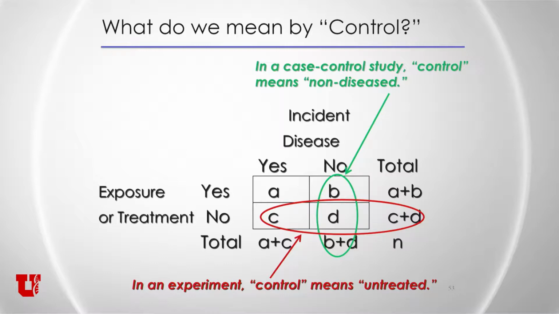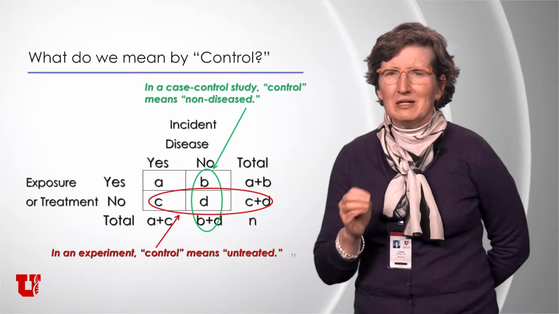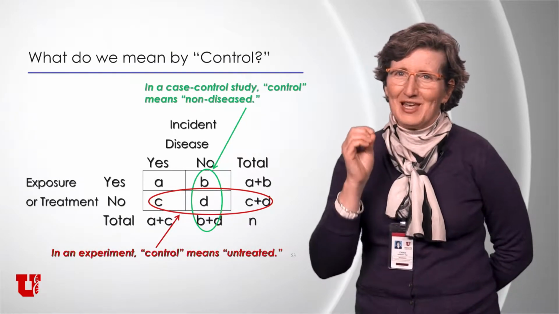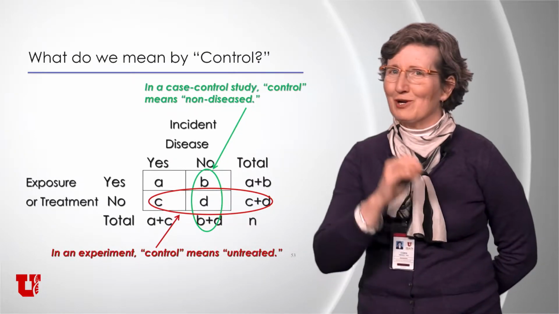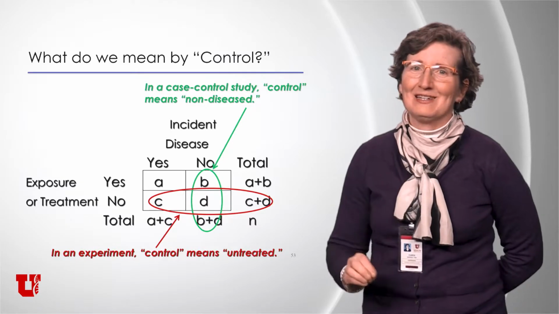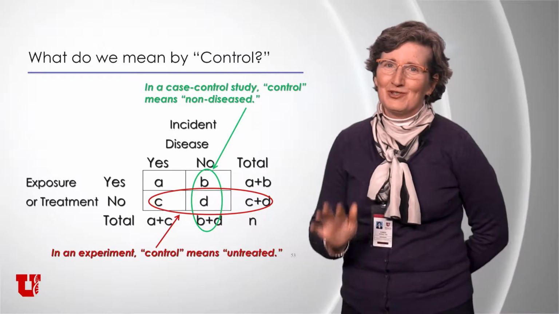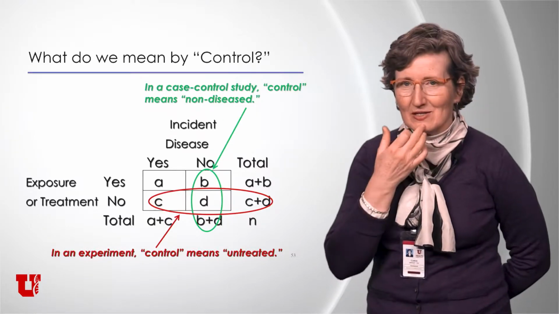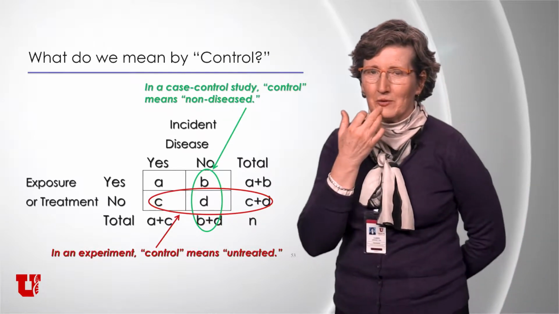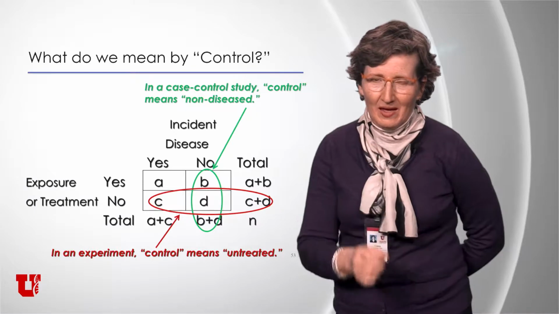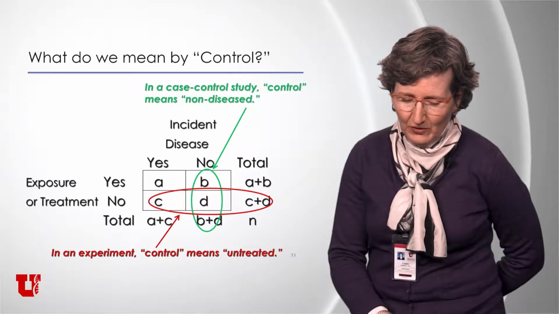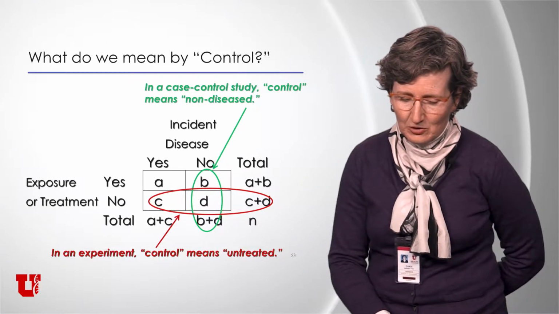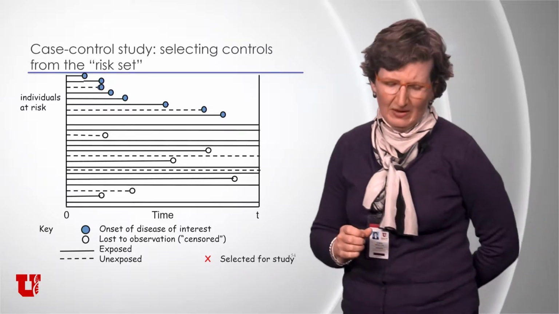The cases are the diseased, the controls are the non-diseased. I wish someone had made a different choice when they came up with these terms for studies, and they weren't using control to mean 2 completely different things. But you just have to keep a handle on that and understand the difference between a case control study and a cohort or experimental study, and use the word control in the context that your study is.